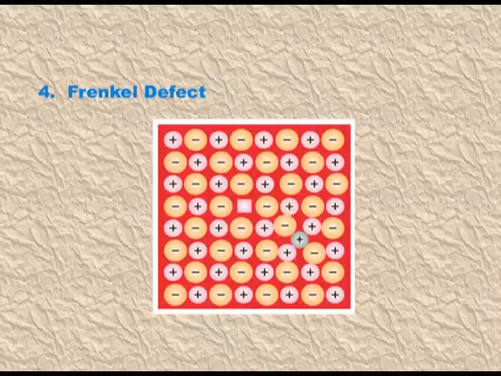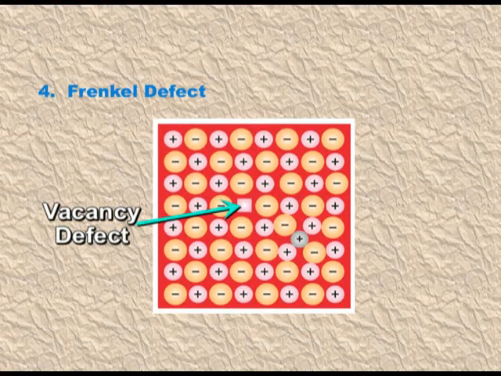Here, the cation should be smaller than the anion. Only then can it occupy the interstitial site. We can say that a Frenkel defect is a hybrid defect. Why hybrid? Because it is a mixture of two defects, vacancy at its original position and interstitial defect at its new position.